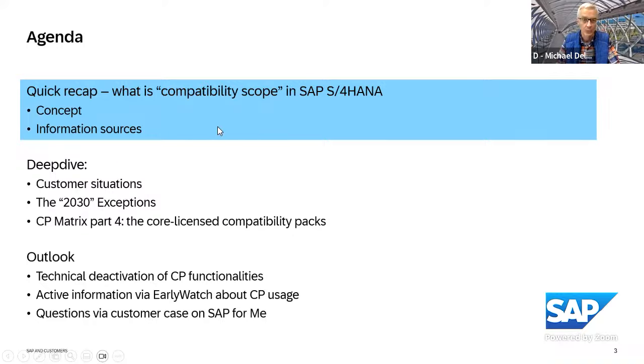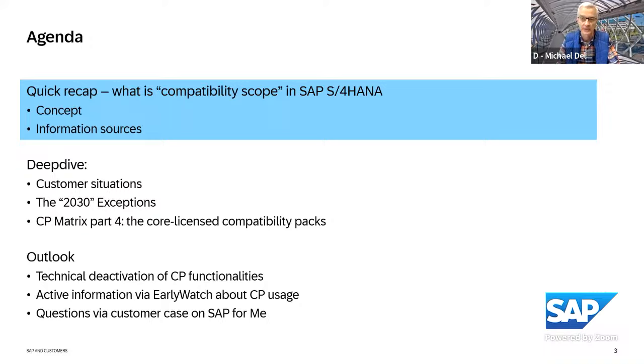Here's our agenda. We'll first do a quick recap, picking up from where we left last time. Then we'll go into a deep dive, one word about customer situations. Are there any specific ones when compatibility packs apply or not? Then we will go, in detail, line by line, more or less, through the part 4 of the compatibility scope metrics, explaining the given details.